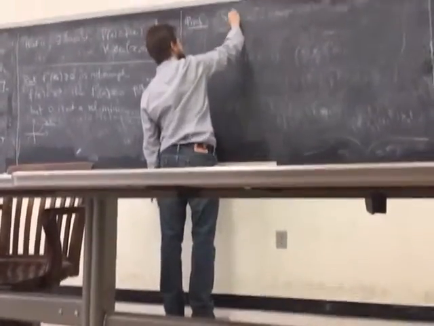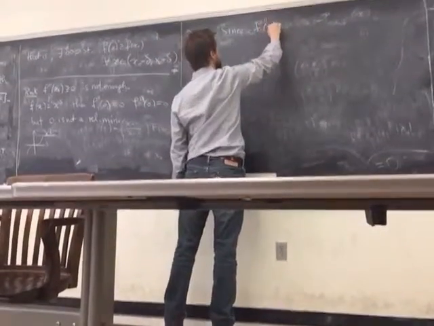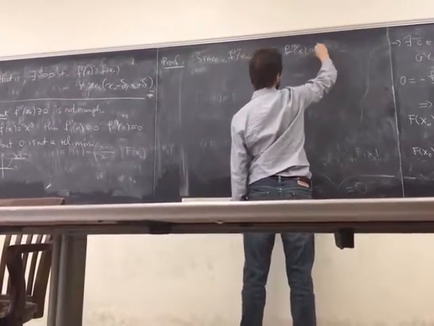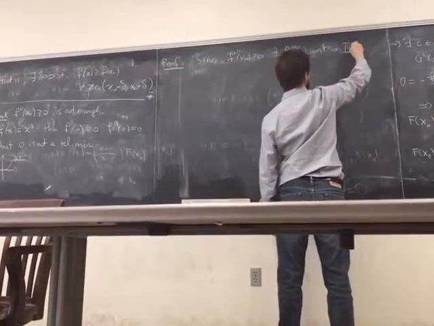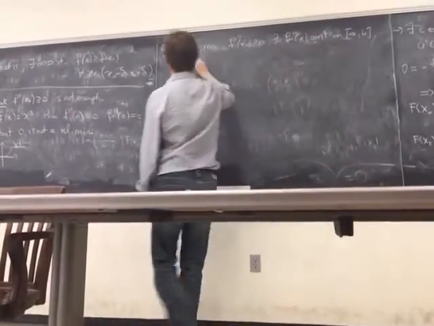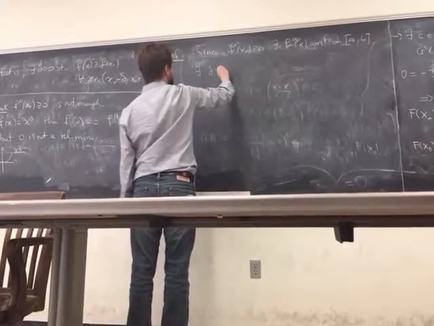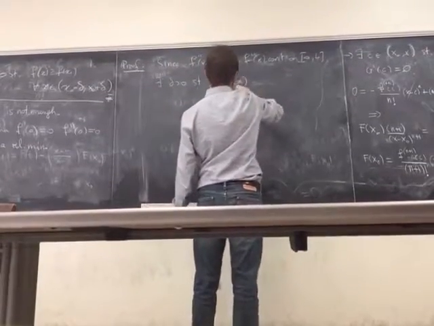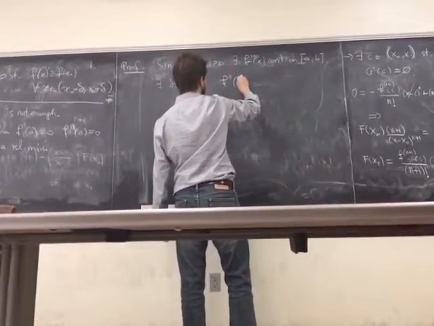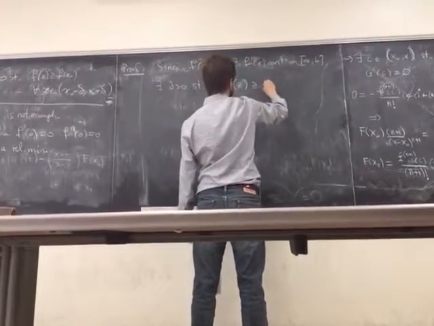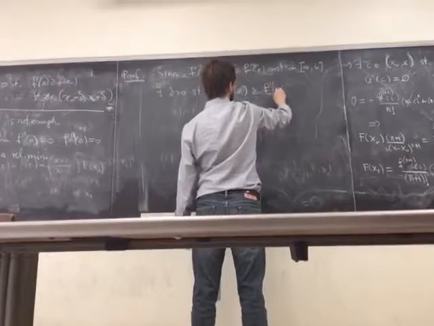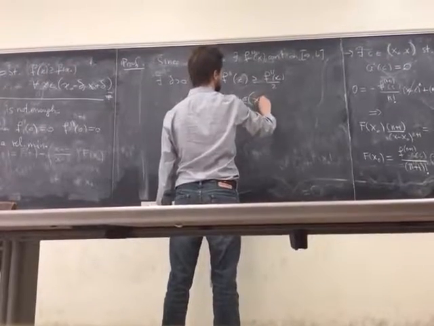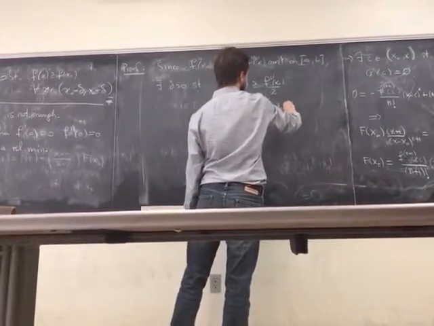Since f second at x naught is positive, and f second of x is continuous on (a,b), there exists some positive number delta such that f second of z, let me call it, is larger than f second of x naught over 2 whenever the point z lies in (x naught minus delta, x naught plus delta), right?